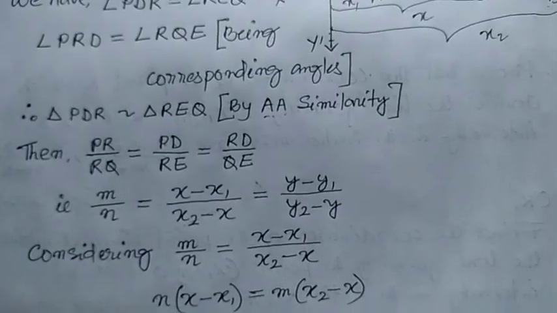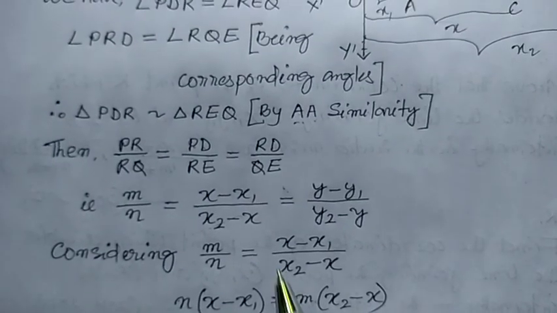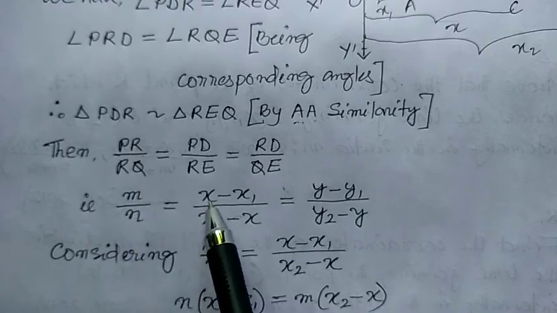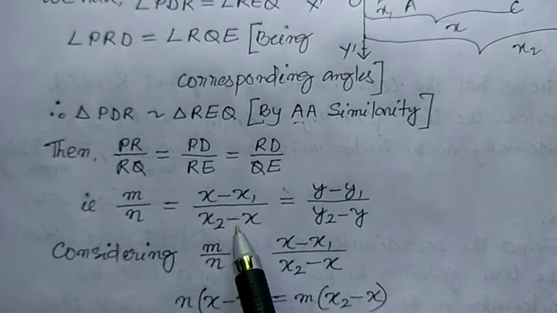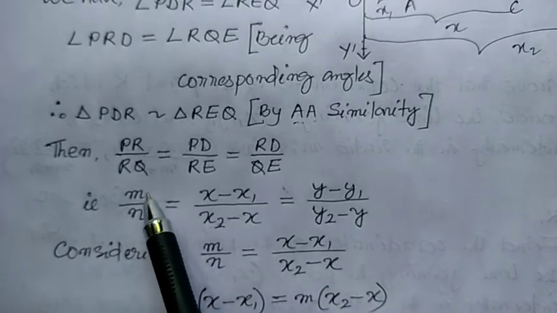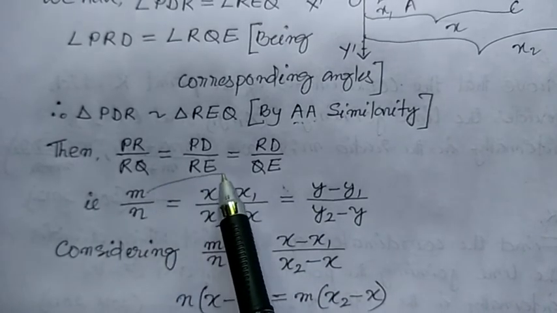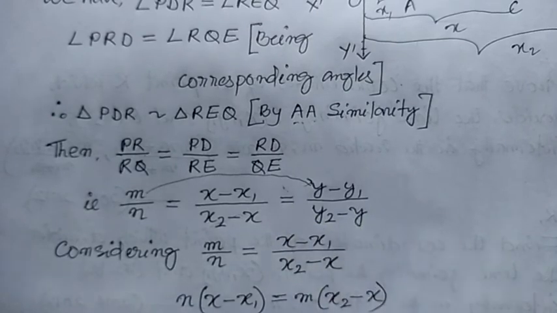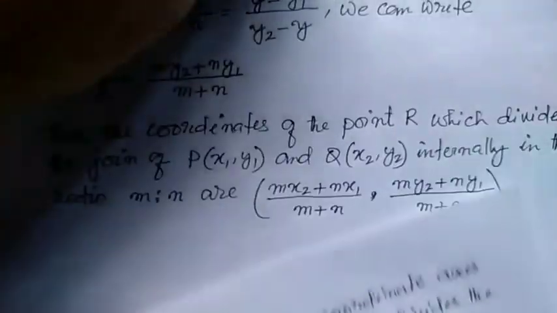Now to find y, how do we get x? Let's see. We get x by equating m by n and x minus x1 by x2 minus x. Then in order to get y, we will equate m by n with y minus y1 by y2 minus y.